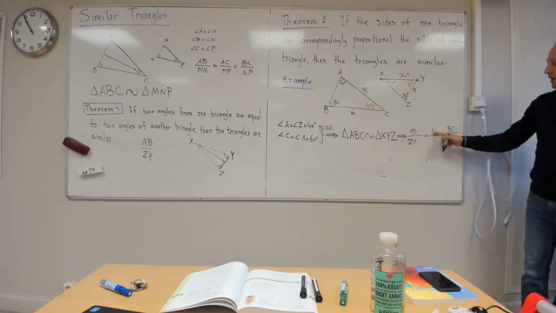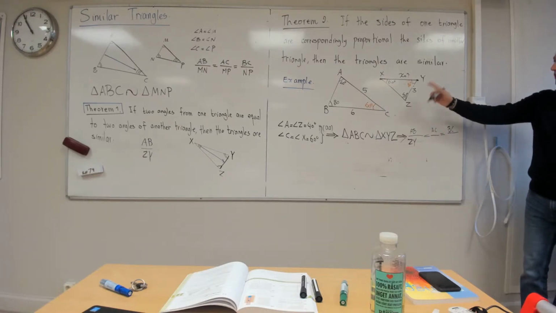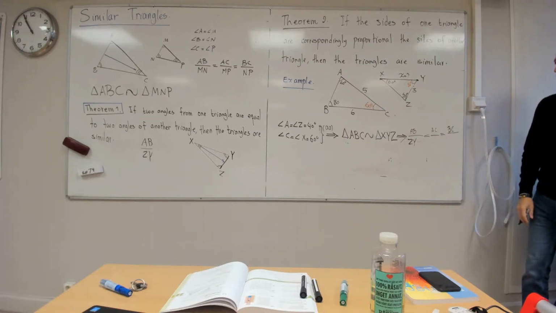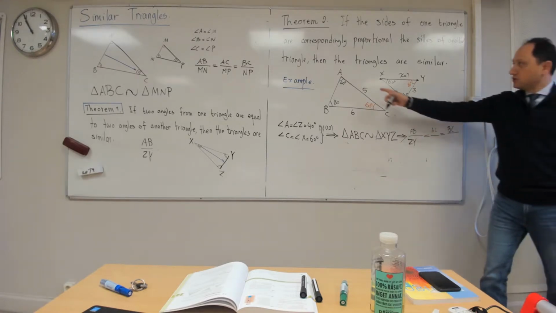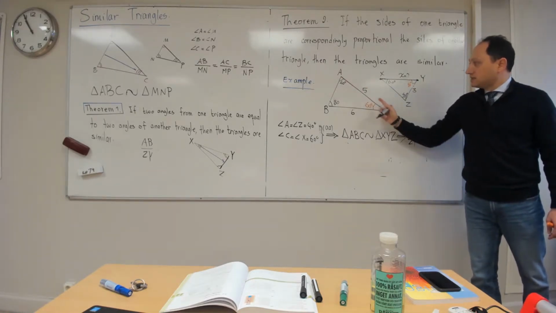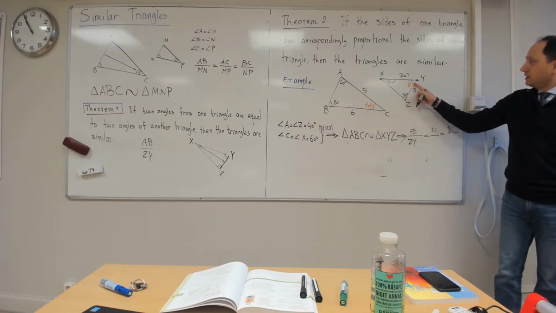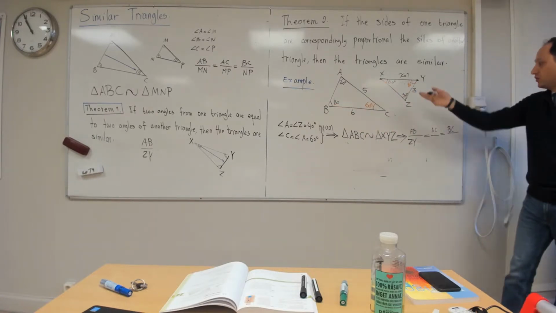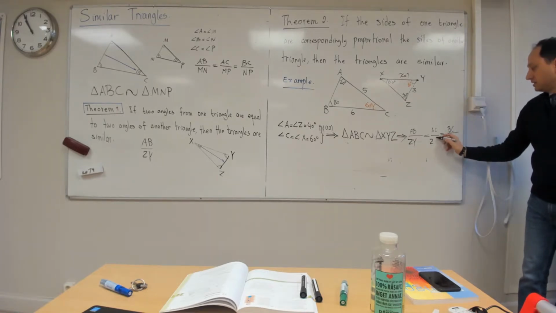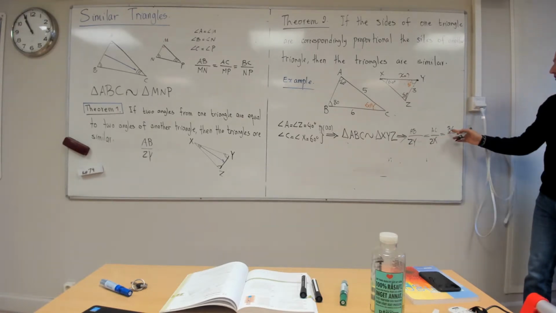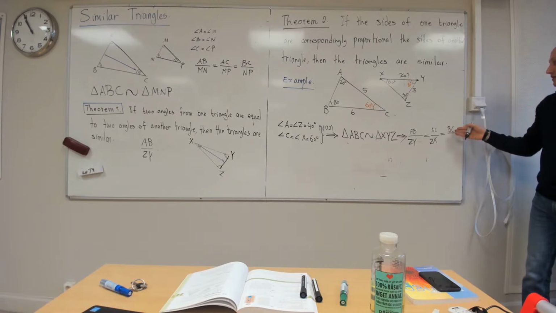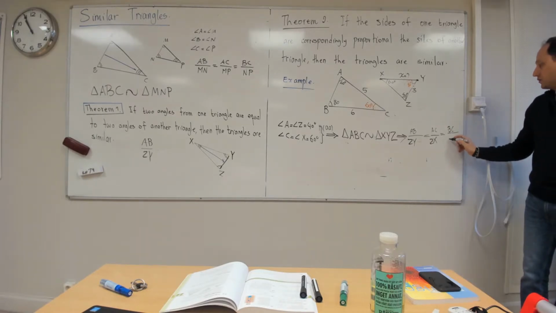Now tell me, if I have written AC here, what should I write from this triangle? ZX. Yes, because you see that AC is opposite to this angle, and I find the same angle here. Opposite to that is XZ or ZX, it doesn't matter. ZX. And then finally, of course, it is clear that what is left is XY.